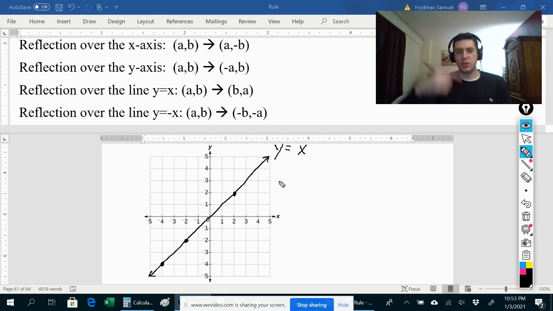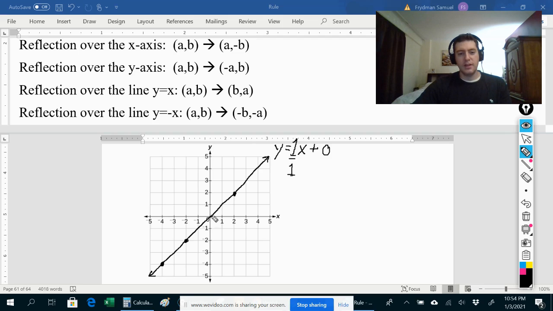Or if you remember slope-intercept form, another way of writing this is y equals 1x plus 0. So x is the same as 1x, which is the same as 1x plus nothing. And 1 is the same as 1 over 1. So in slope-intercept form, which we did earlier in the year, the y-intercept of this line is at (0, 0). You can see right here, it crosses the y-axis at (0, 0).